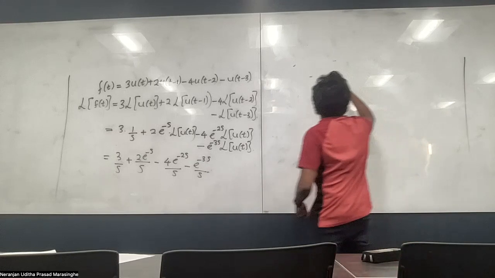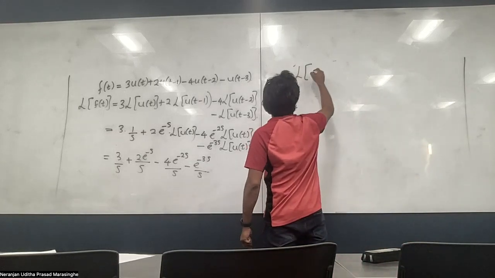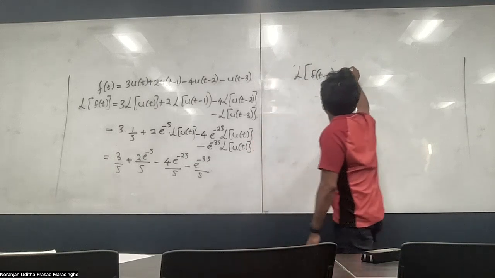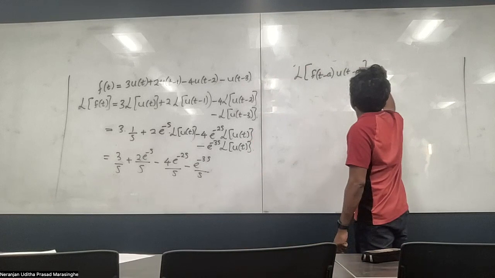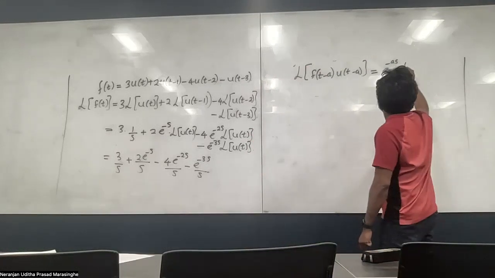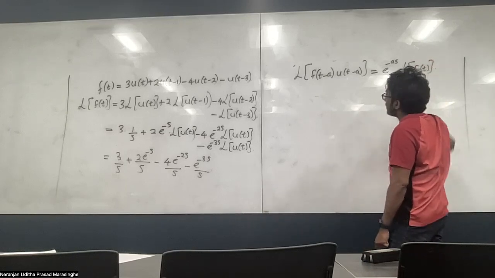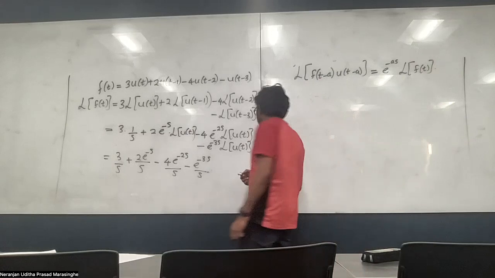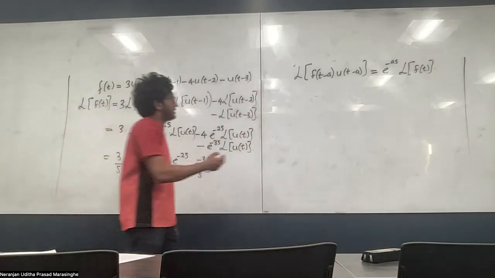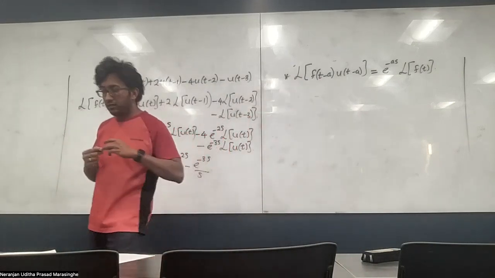So again, remember the second translation theorem: the Laplace transform of f(t minus a) u(t minus a) is equal to e to the minus a s times F(s), where F(s) is the Laplace transform of f(t). This is what the second translation theorem is.